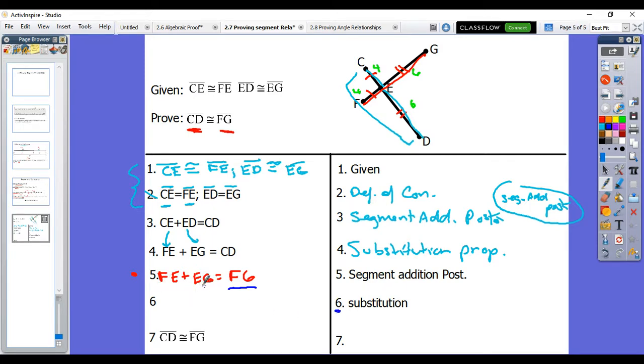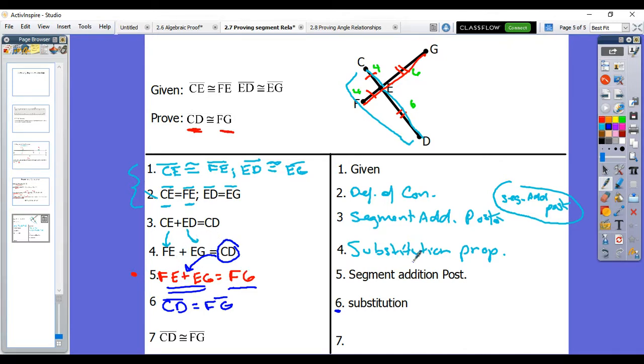Well, what can go into this spot right here? Like we said earlier, CD equals FE plus GE, so we can put that in there and say CD is equal to FG. We substituted that information because above we said that those two parts equal this, but they also happen to equal something else, so we substituted.